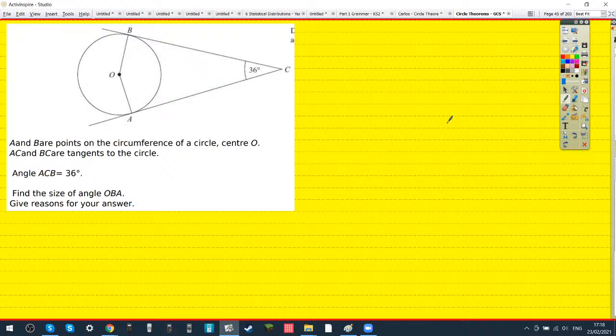Isn't that 90 degrees? Which one? So if they want OBA, from O to B to A, you'd have to draw that on yourself. See what I mean? Oh, okay.